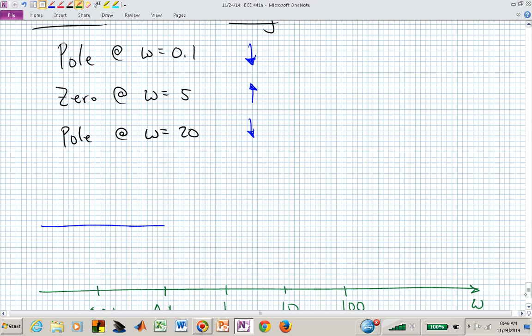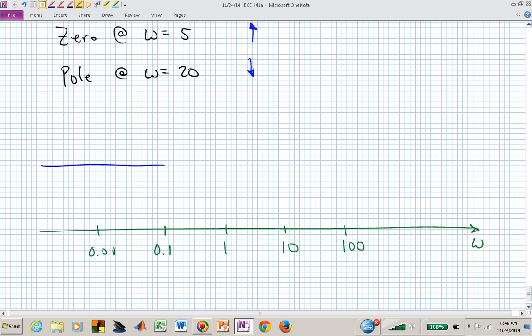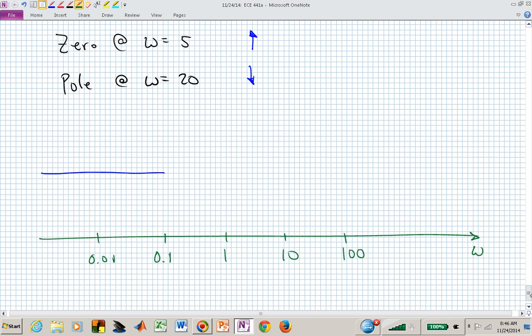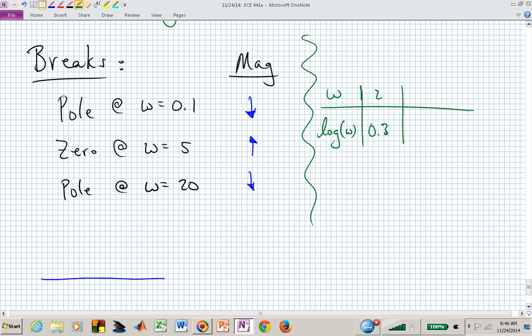And that's where these up and down arrows are convenient. Now I need to go over to omega equal to 5, and to make it easier, you might do some plot on your paper. You could say, what happens at 2? That's roughly 0.3, so that's 30% of the distance between the two decades on your axis.